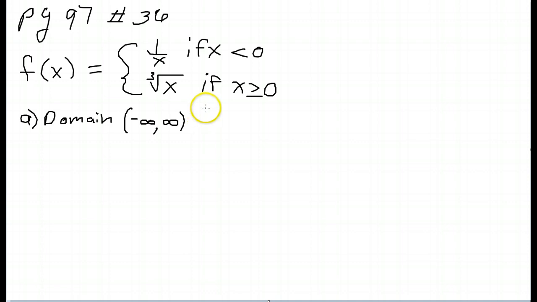We could choose to use set builder notation, where we have a function in x such that x is an element of the reals. That means all real numbers. And we could also just write out the words all real numbers.